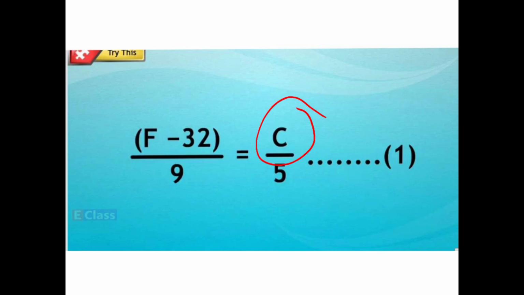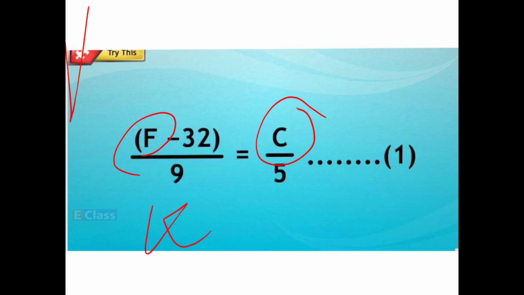C stands for Celsius and F stands for Fahrenheit. So (F minus 32) upon 9 is equal to C upon 5. When you solve further, you can get whatever you want in terms of C or F.